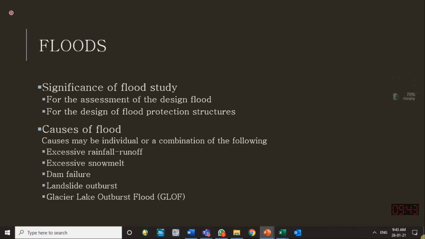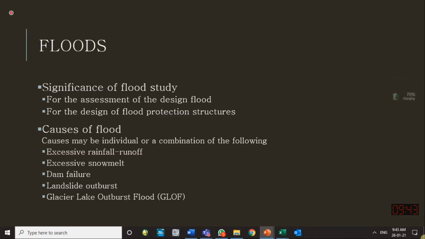So these two ways of selecting the design flood are being practiced. Usually for bridges and barrages, we select the return period method, that we will design this bridge for a flood of 50-year return period. Means we will be designing this for a flood which is expected to occur once in 50 years.